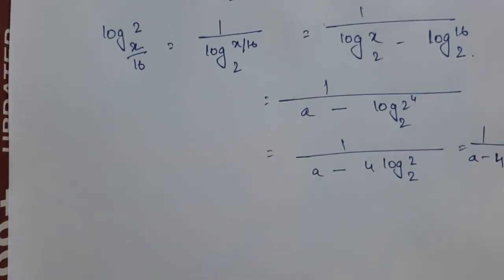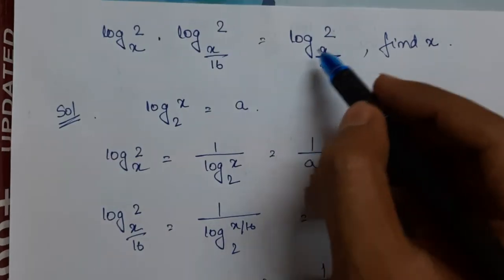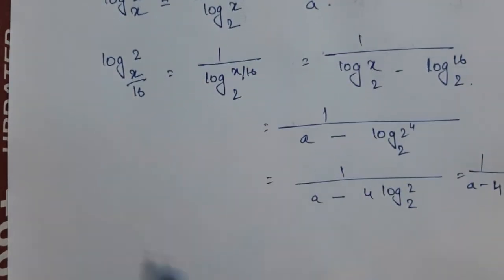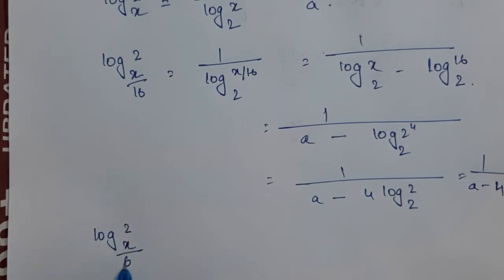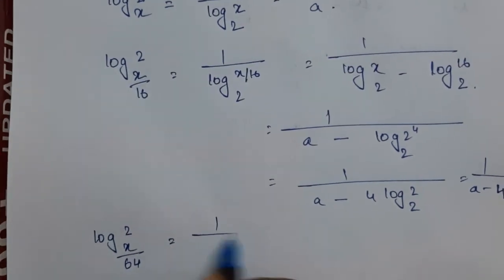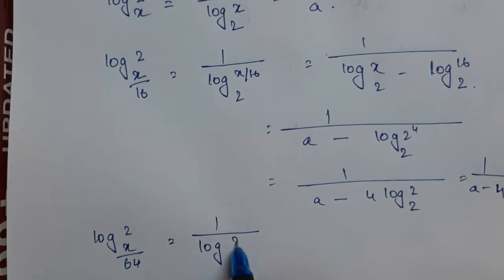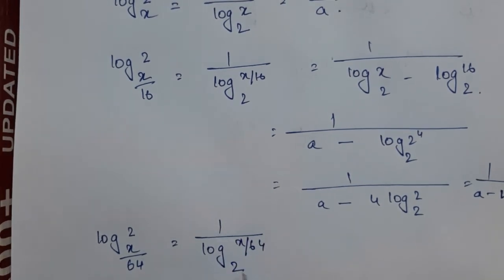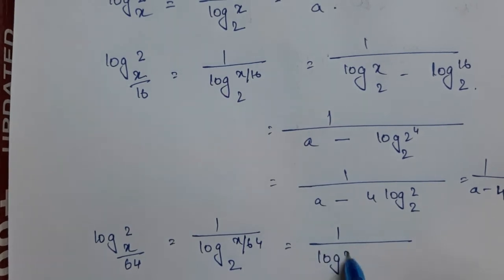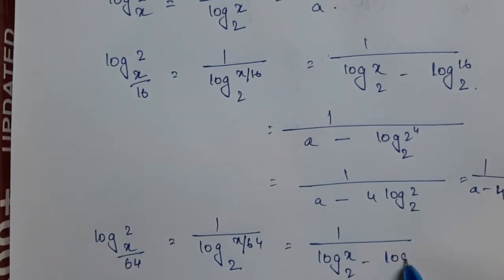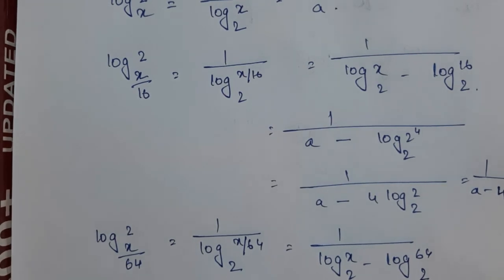And our last one is log of 2 to the base x by 64, right? That is 1 by log of x by 64 to the base 2, that is 1 by log of x to the base 2 minus log of 64 to the base 2.